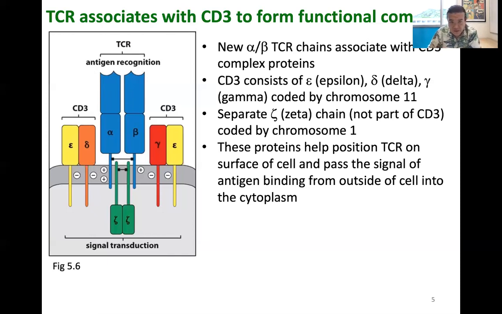One important thing to keep in mind is that the part that sticks into the membrane, anchoring the alpha and beta chain to the membrane, is pretty wimpy, right? Look at how little of it is represented as actually sticking into the cytoplasm.